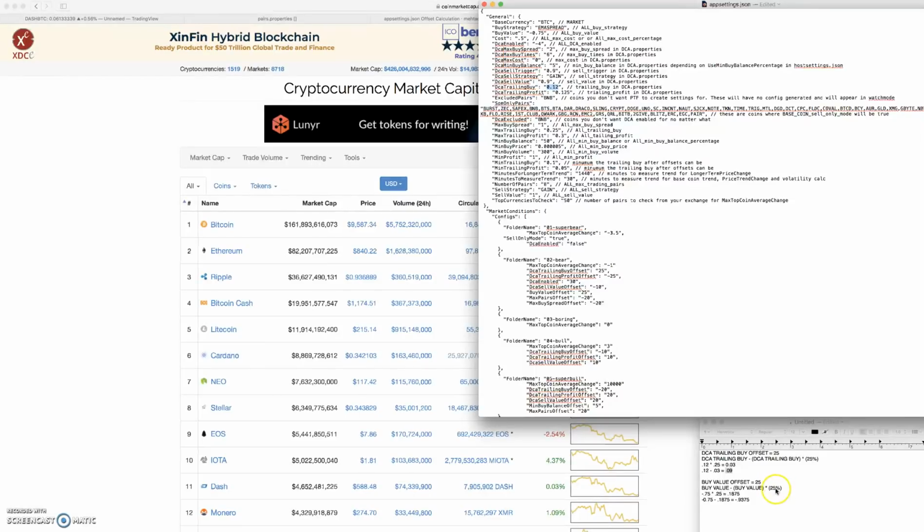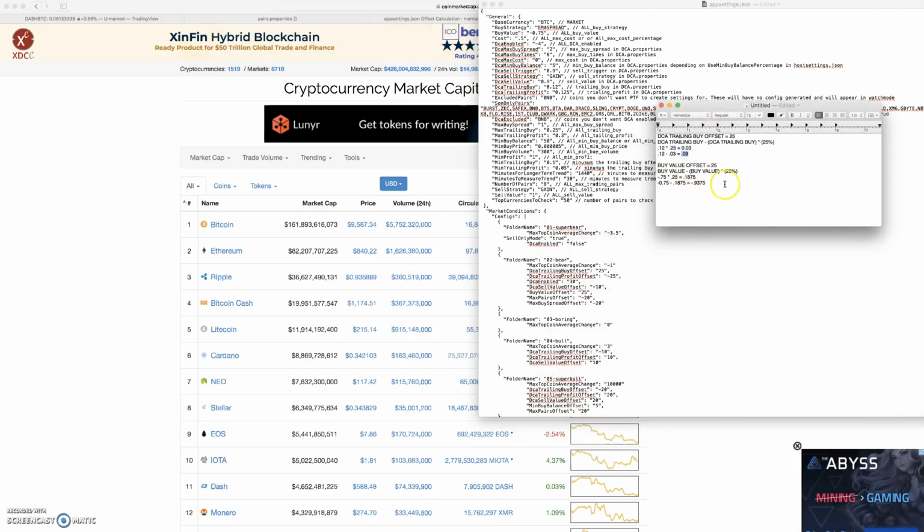So same thing goes for my buy value. My buy value was at negative 0.75 up here in my base settings. Now, in my bear market, I wanted this to be lower because I don't want to buy at 0.75 if the market is going to continue down to negative 2%, right? So what I did was I set up this buy value offset.